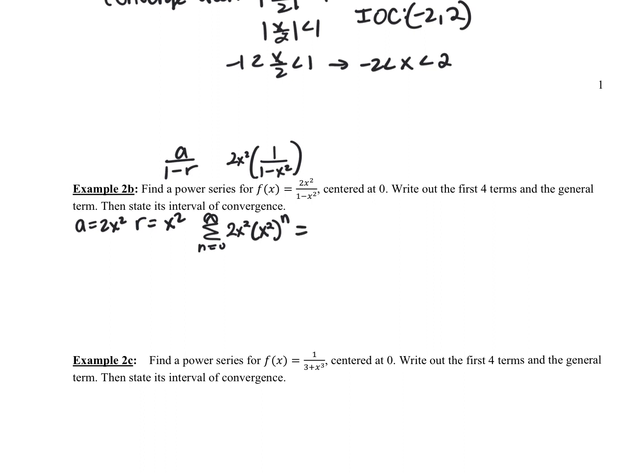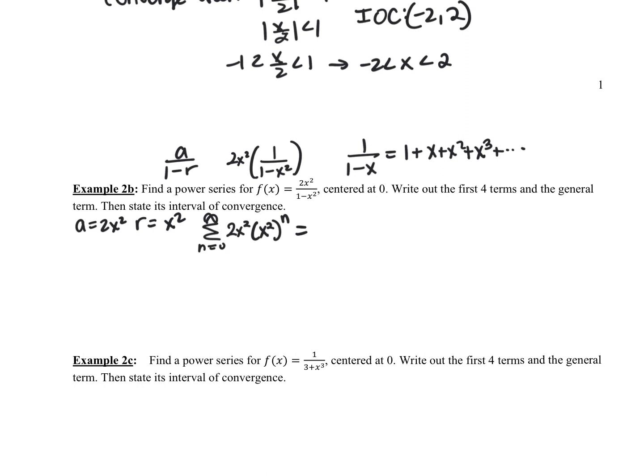Now to write the first four terms, you can take your options. Start plugging in 0, 1, 2, and 3. Or you can think about what 1 over 1 minus x looks like. Remember, this is the standard geometric series, 1 plus x plus x squared plus x cubed.